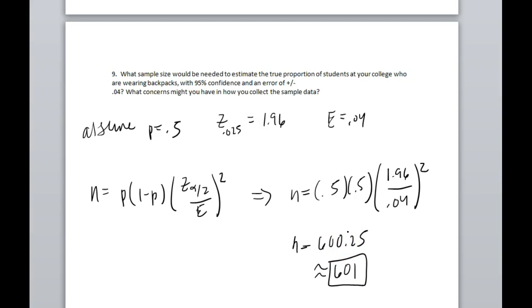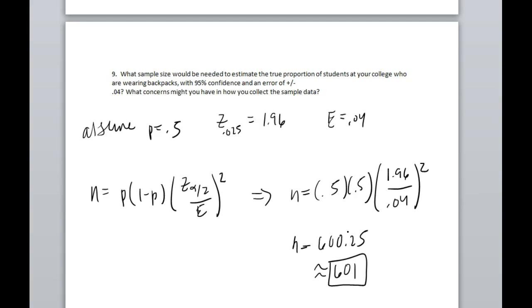And what concerns might you have in how you collect the data? I'm not sure we really even need a solid answer to this question, but think about how you would collect this data. You would probably collect this data walking around campus. Is it more likely to have a person that's carrying a backpack walking around campus? Probably, right?